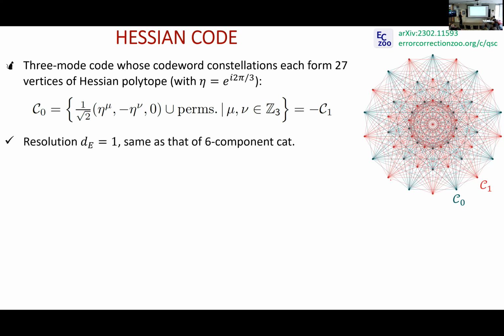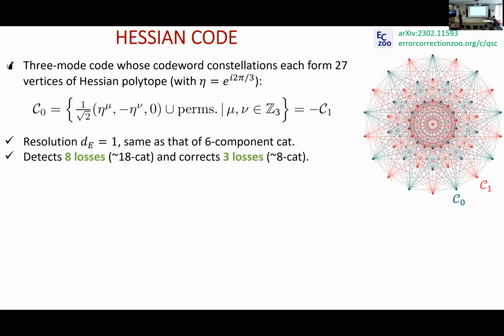What do you gain though? Well, check it out. The resolution is the same as that of a 6-component cat. But this detects as many losses as an 18-component cat and corrects as many losses as an 8-component cat.